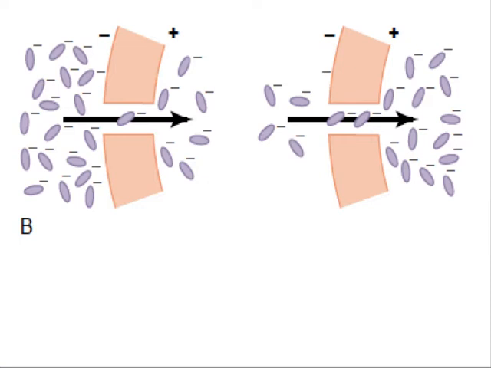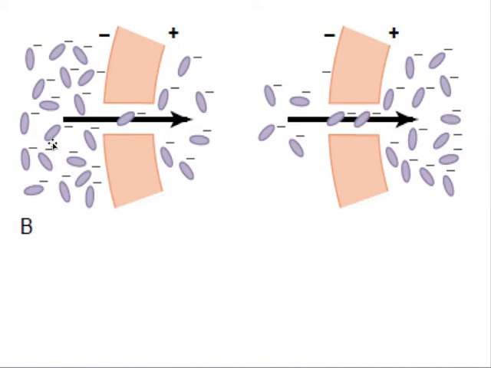This is, of course, a difficult concept, but let me explain this to you. You see that there is a concentration difference of the charged particles. So, if we consider this as the outside and this as the inside, or simply side A and side B, there is a greater concentration of the negative particles on one side as compared to the other side. So, the diffusion will start taking place.